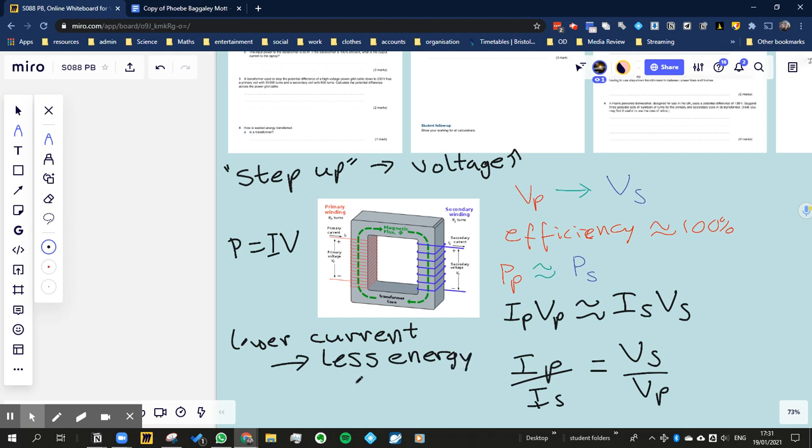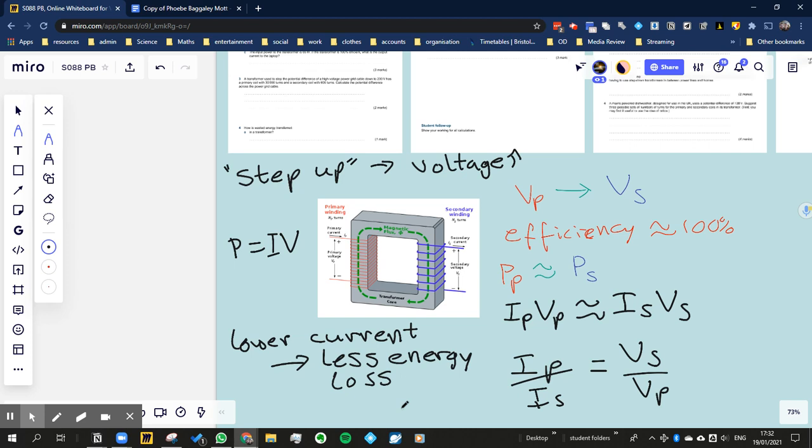Exactly. So this is like if you're transmitting energy over a long distance, if you're transporting electricity along power lines from where the power station is to where the houses are, then you're going to want to step up the voltage, because when you step up the voltage, you'll step down the current, and that means you'll lose less energy along the power lines.